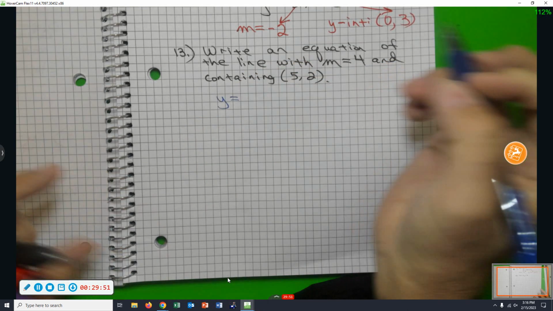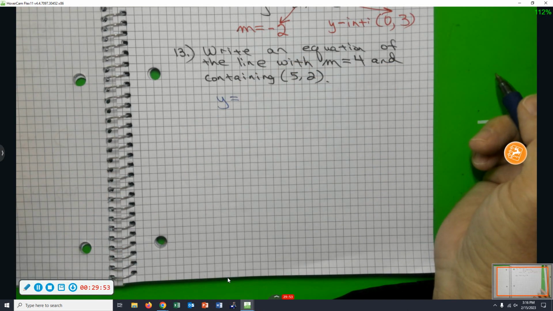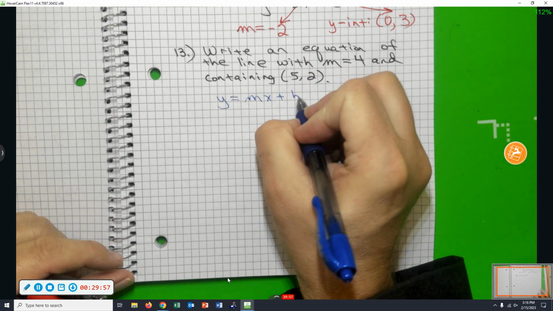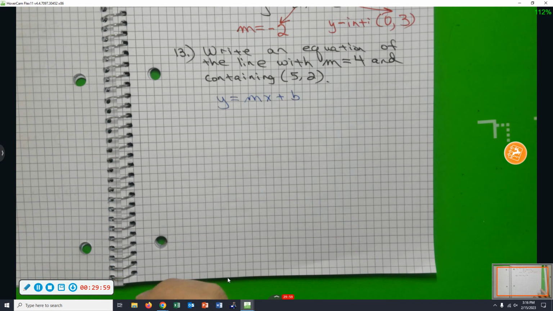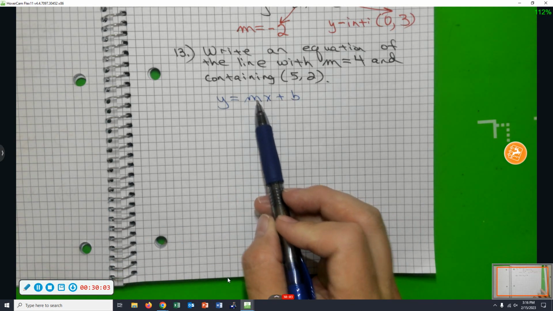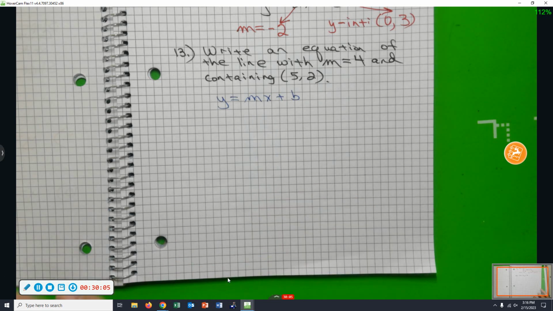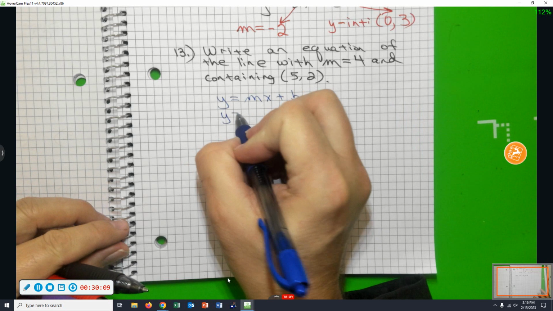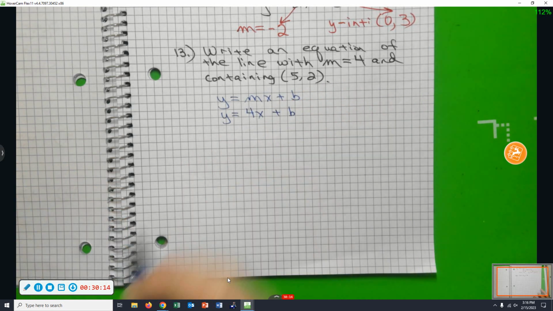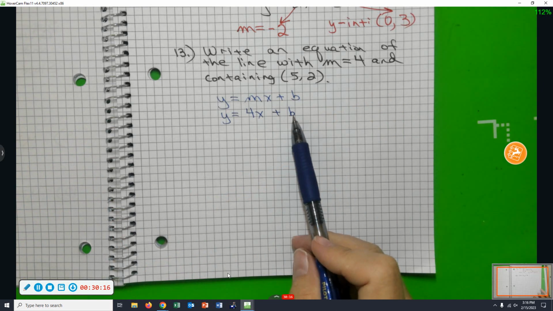We know the slope-intercept form of a line. y equals mx plus b. We know the letter m. What number are we going to put in place of that m? 4. So we know the equation is going to be y equals 4x plus b. Did they give us b?